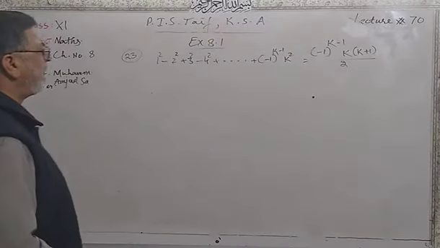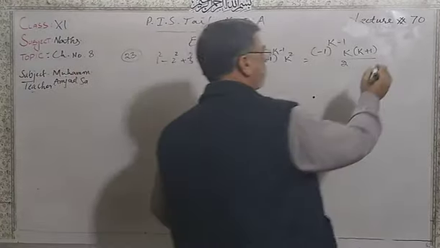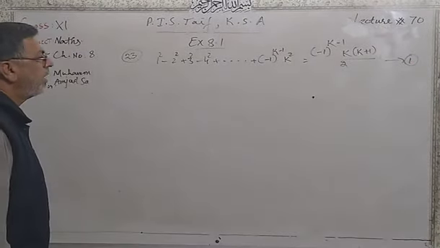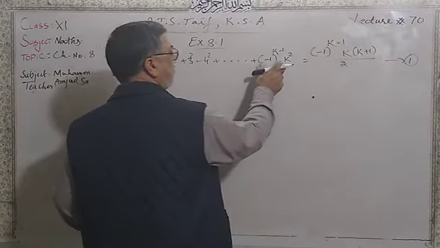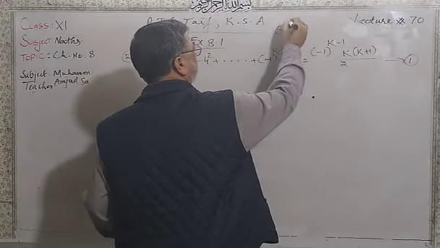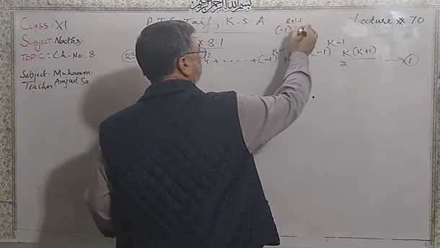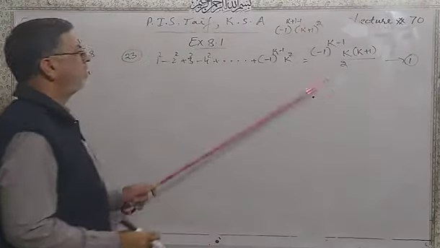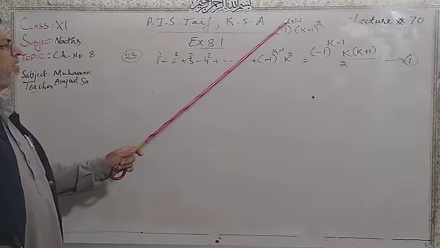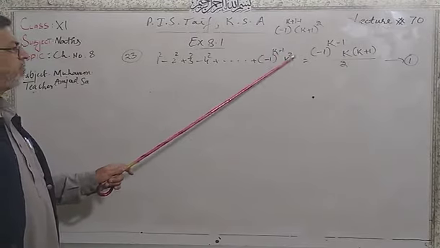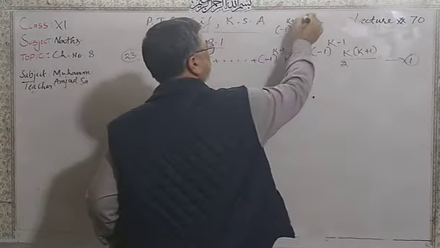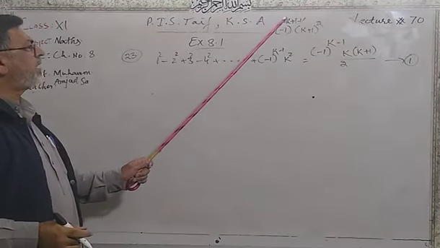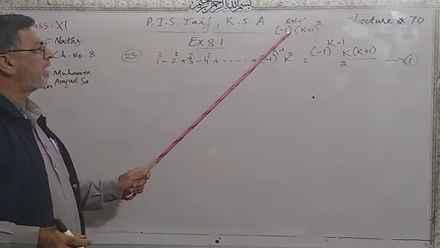We have to prove that equation 1 is true for n = k+1. We take the last term of the left hand side and replace k with k+1, so the term becomes (−1)^k (k+1)².